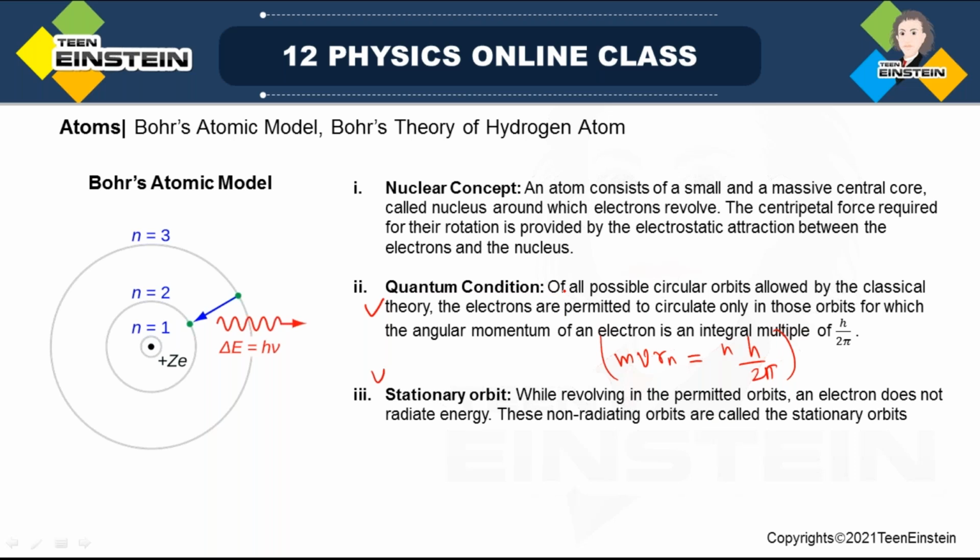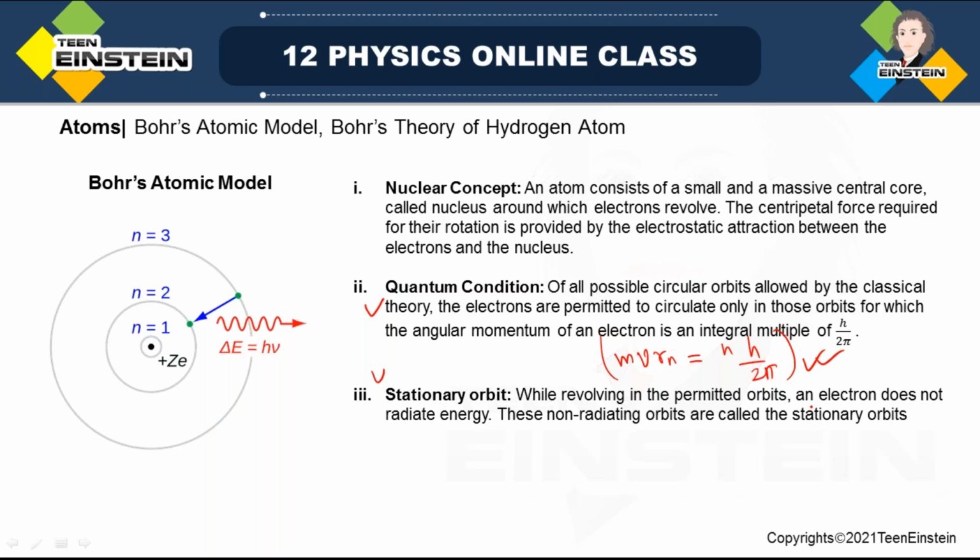This is the magic of nature: if electrons revolve around the nucleus in these orbits, there will be no radiation of energy. These orbits are called stationary orbits, and the condition for stationary orbits is this one. Bohr's quantum condition is the condition for stationary orbits.